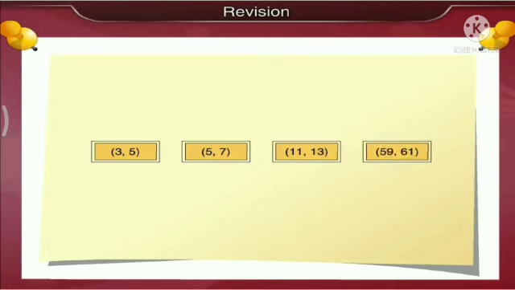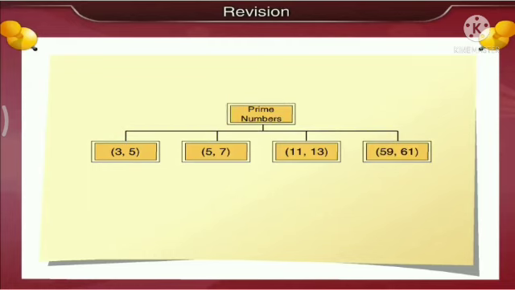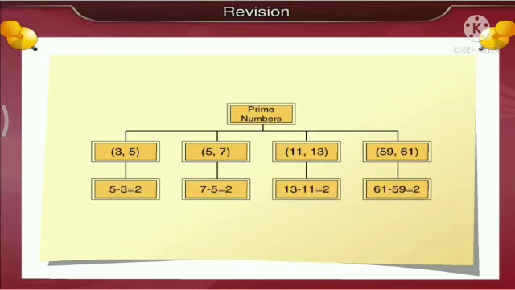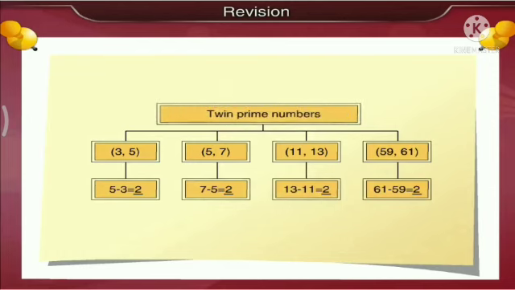Now tell me what you can see in these numbers. These numbers are which numbers: prime numbers, composite numbers, co-prime numbers? These numbers are prime numbers, and also co-prime numbers. If you subtract these numbers from each other, you will get a difference of 2.